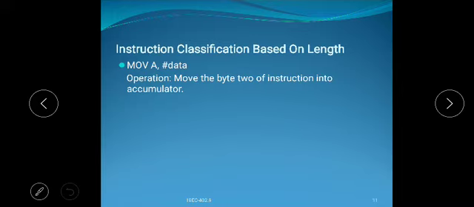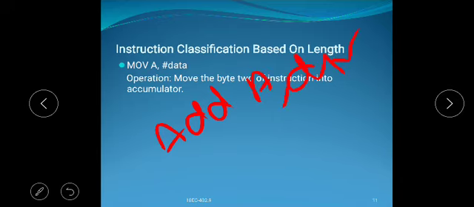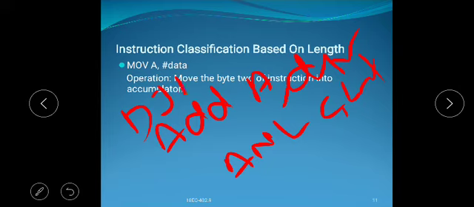Direct address, like ADD A, direct, or bit address, and logic C, bit, and relative address, like DJNZ Rn, relative address.